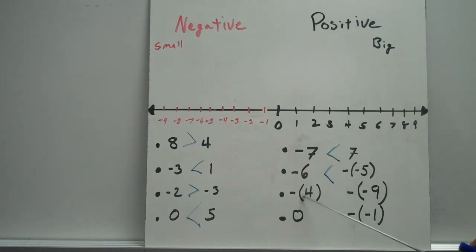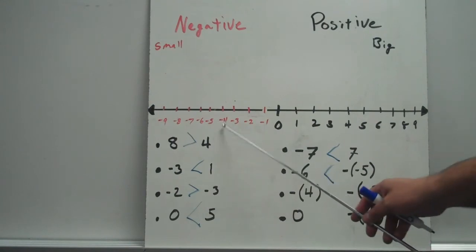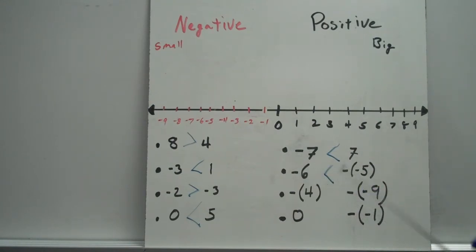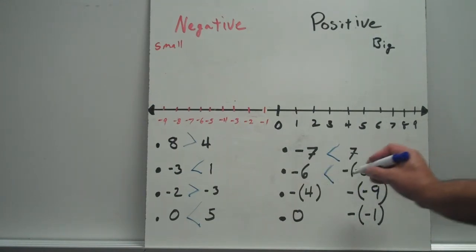So we're comparing the opposite of 4 to the opposite of -9. Well, the opposite of 4 is -4. The opposite of -9 is +9. So here's -4, here's +9. Obviously, 9 is further right.